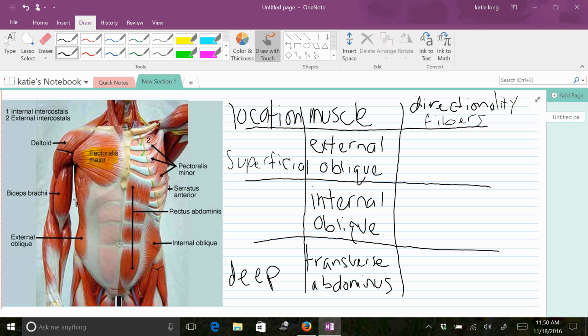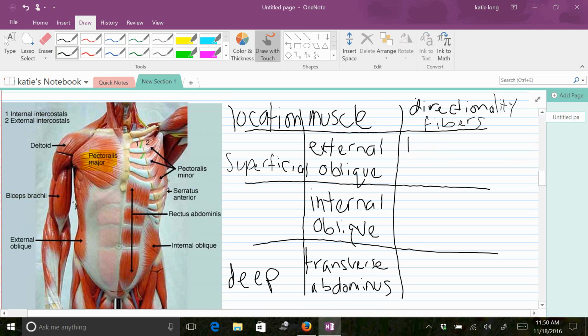My point is that the external oblique fibers are going to go lateral to medial downward. So we're going to be going lateral to medial, and of course pointing downward there.